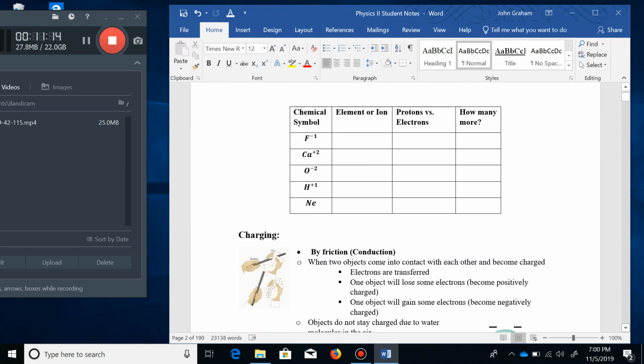Right. So if you have your periodic table, I will make sure there's one at the beginning of your notes. So you should always be able to go to the beginning and get the periodic table. If you look on the periodic table, you will have different elements. I'm trying to find mine real quick.